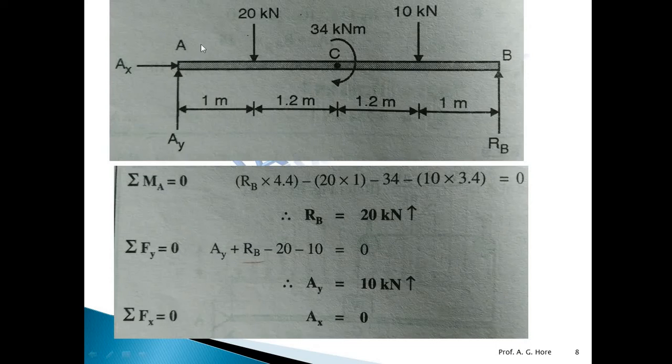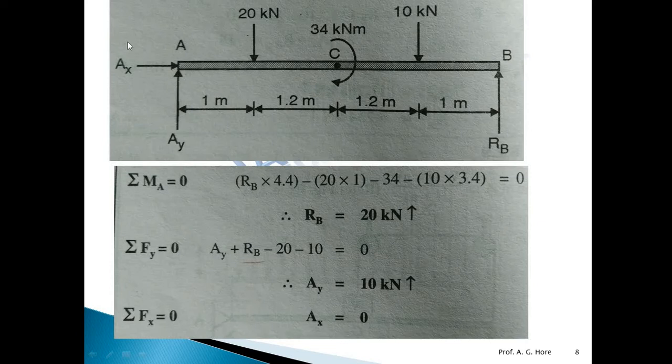Three conditions: summation of moment at A. Ax and Ay both are passing through A, so their moments are 0. Now this force is rotating clockwise, so minus 20 into 1, minus 34. Don't multiply 34 by the distance, because it is a couple.